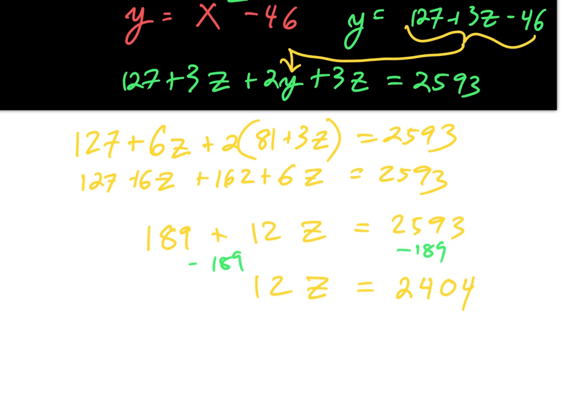And if I've done things correctly, I should get an integer answer when I divide both sides by 12. Z equals what in the world? 2404 divided by 12.